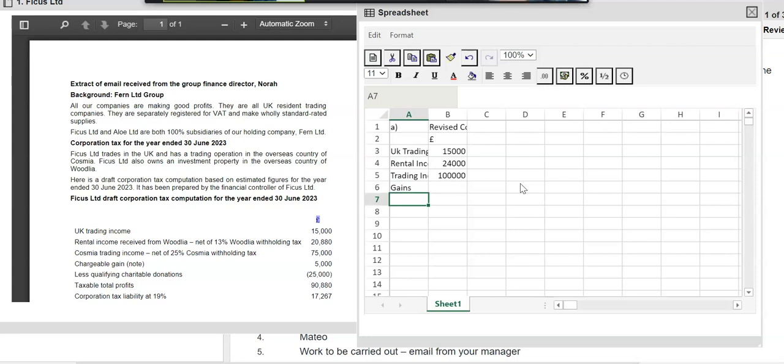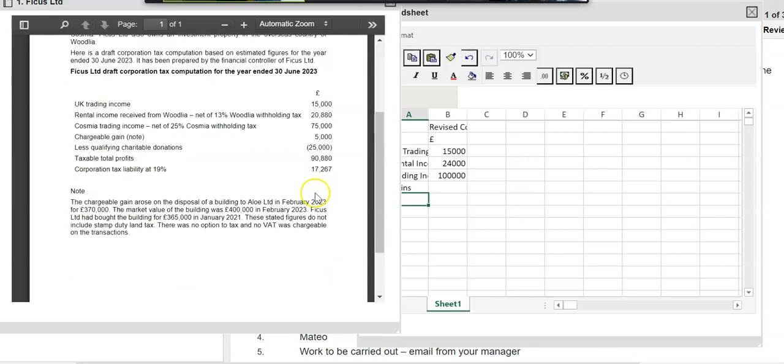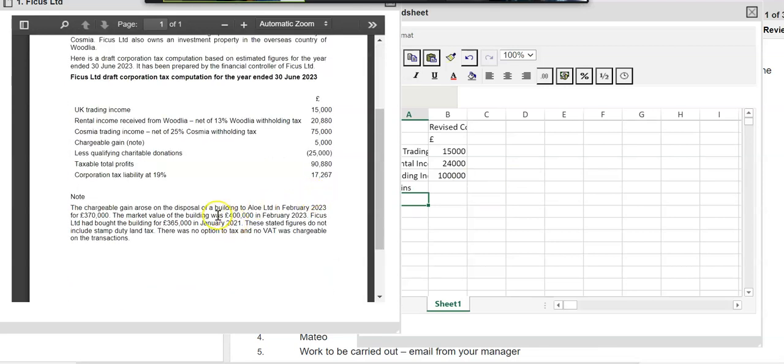What about the gains? Are the gains chargeable? No, because there will be, I guess, rollover relief. Gains were how much? 5,000. So what we have to do with the gains?